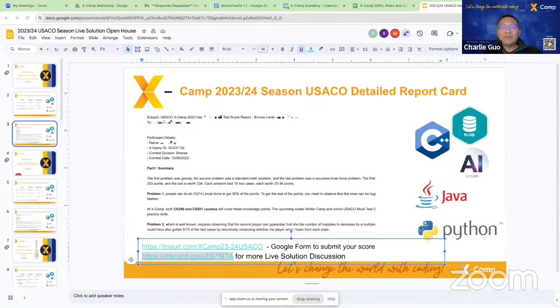Every week we have a mock test, from October and in the future in January, February, and March, except the USACO contest weekend. So we have 3 every month in the coming 3 months. If you are interested, you want to improve your coding skills, you want to pass some levels, please join our enhancement class, now called the mock test class.